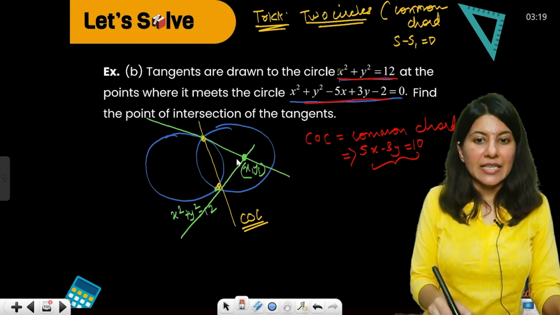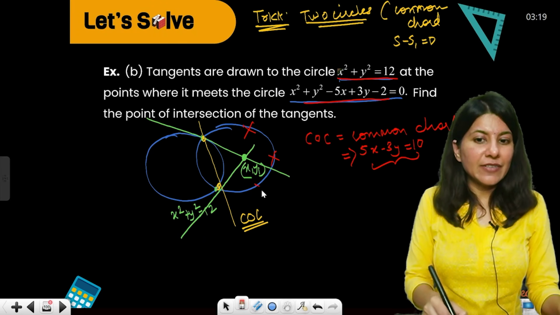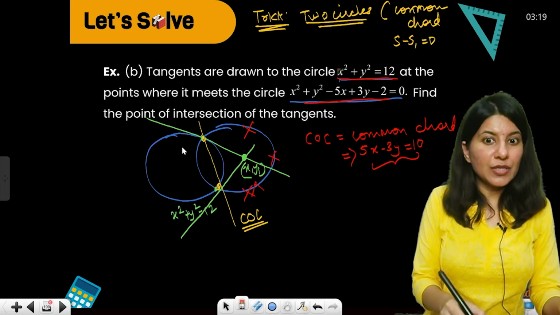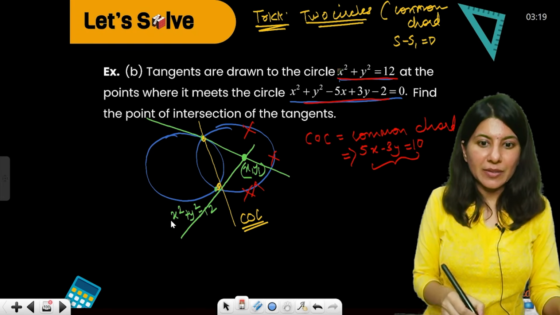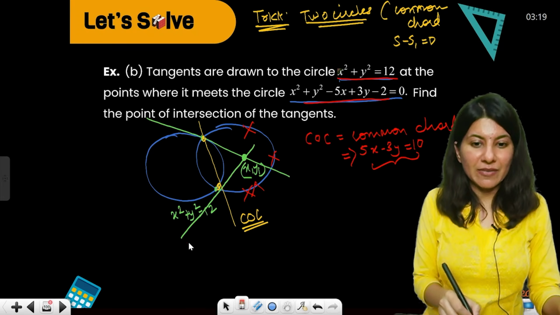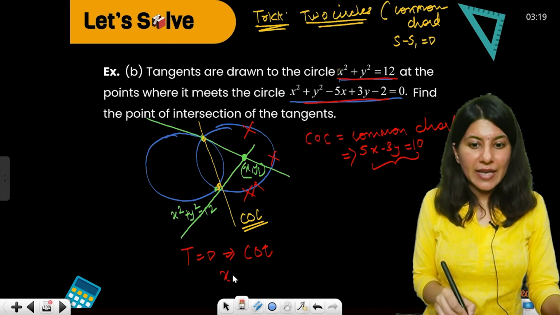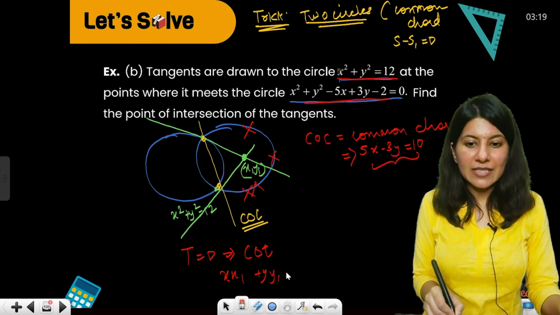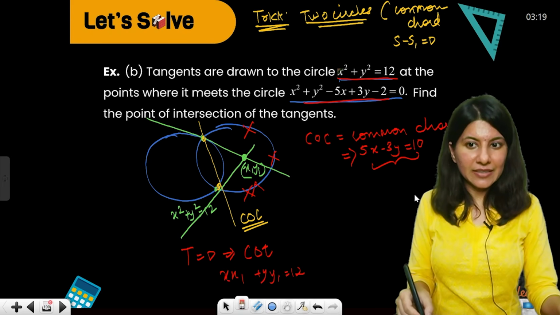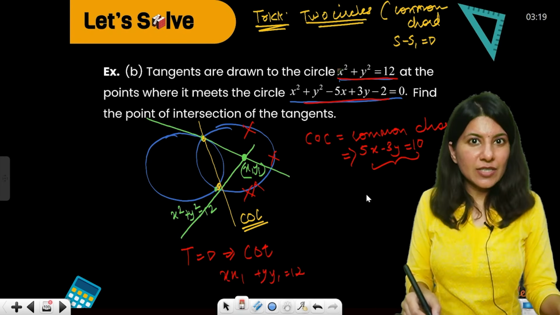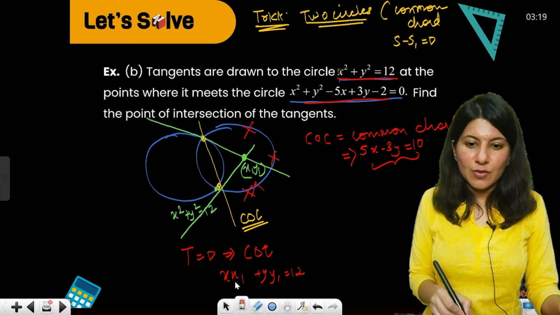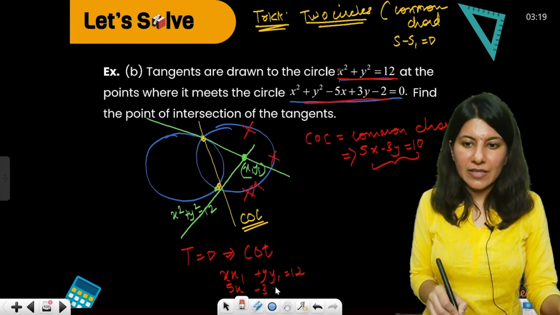Now, you are drawing the tangent to circle number 1, x square plus y square equals 12. T equals 0 will also give you the chord of contact, so x x1 plus y y1 equals 12. Now you just have to compare with 5x minus 3y equals 10.